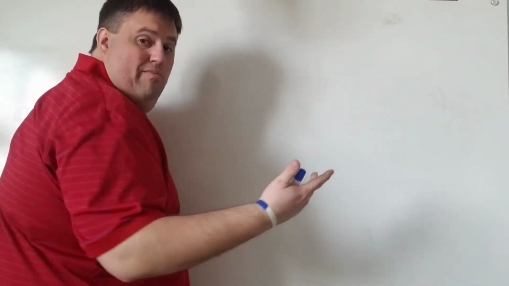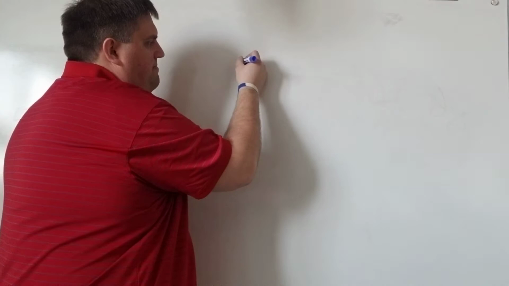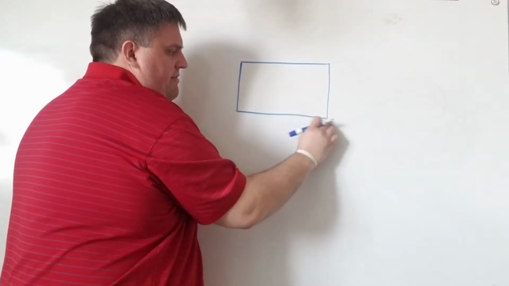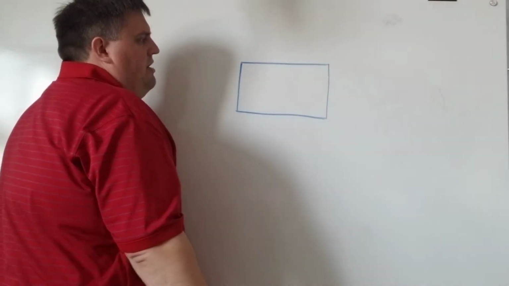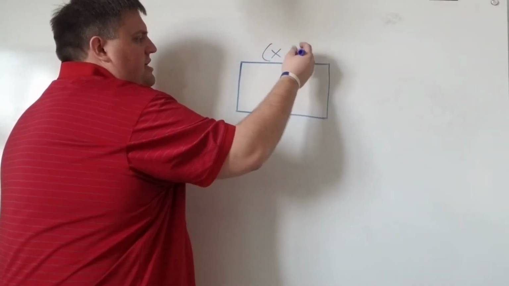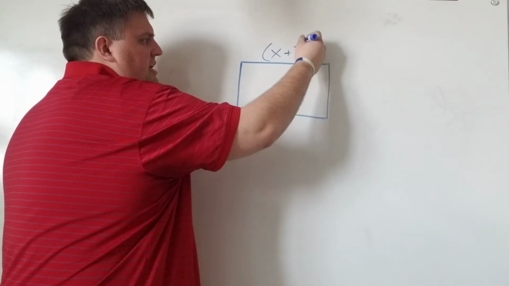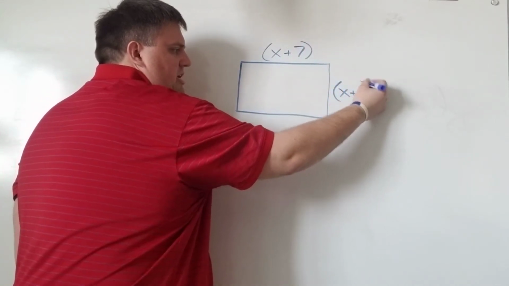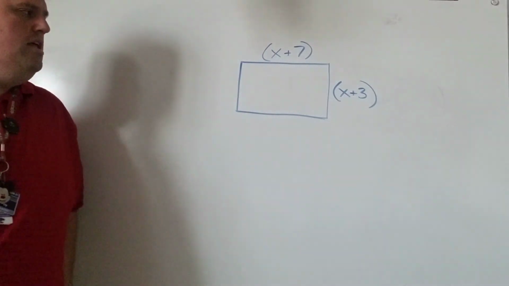We worked with it a little bit last unit. But let's say I have some sort of rectangle that I want to find the area of, and I know that this side is x plus 7, and I know that this side is x plus 3, right?